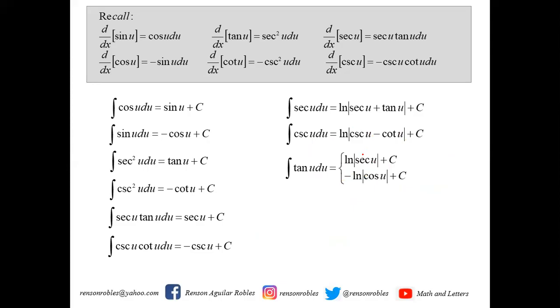And since secant u is equal to 1 over cosine of u by reciprocal identity, the integral of tangent u du can also be written as negative ln of cosine of u plus c. And similarly, we also have the integral of cotangent u du, which can be expressed as ln of sine of u plus c or negative ln of cosecant of u plus c.